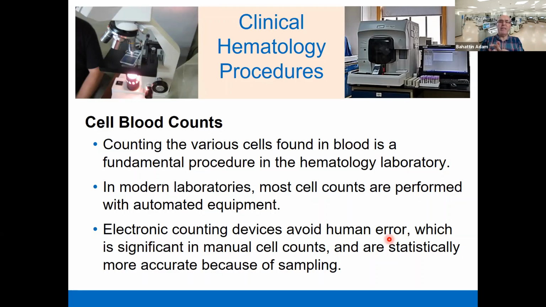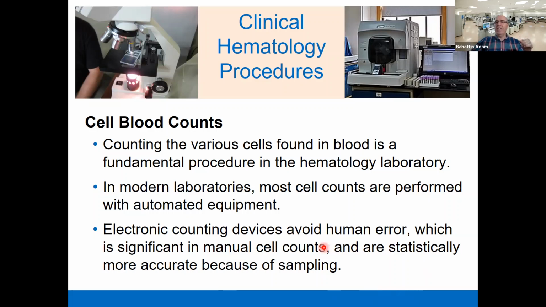we are performing. Okay, in modern, big-size laboratories, most cell counts are performed with automated equipment, as you see here. Electronic counting devices avoid human error, which is significant in manual cell counts, and are statistically more accurate because of sampling.